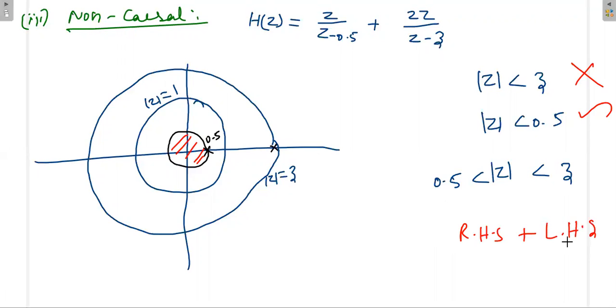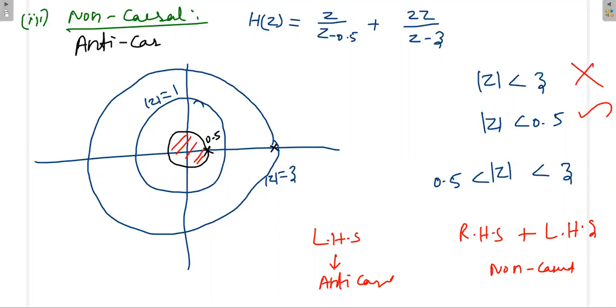Whenever the signal is going both on right side and left side, generally we call it non-causal. Or otherwise, if the signal is going only on the left hand side, we call it anti-causal. Non-causal and anti-causal may be used interchangeably sometimes, so we may assume this is anti-causal also.